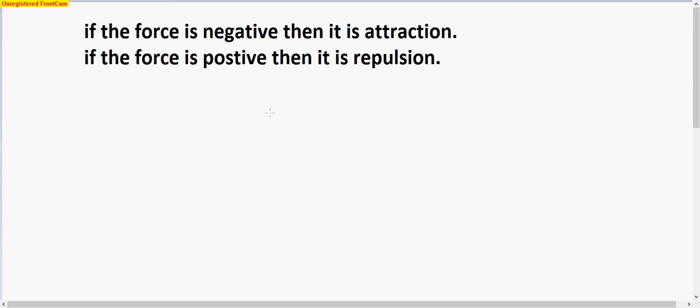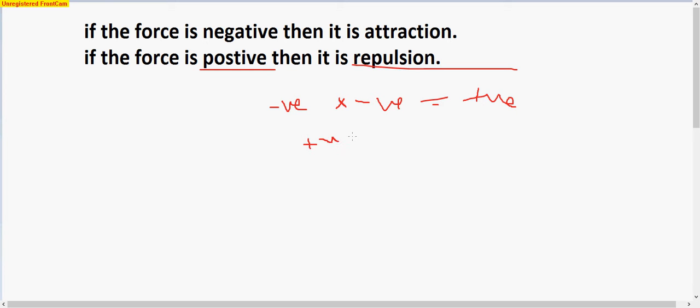Okay, how can we get to such a conclusion? It's quite simple. We have a negative charge, and in the equation for force, we have to multiply the two charges into a positive constant. Negative into negative gives you positive, right? Therefore, if there are two like negative charges, they repel. Therefore, if the force is positive, it's repulsion.